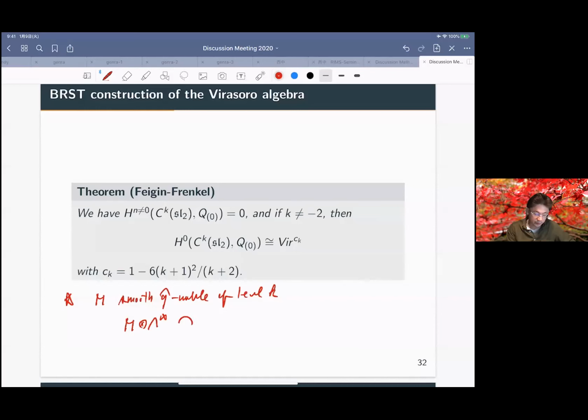And this becomes a module of this vertex algebra, which I just defined. And Q_0 acts on it, and the square of this operator is 0. So we have the corresponding cohomology.